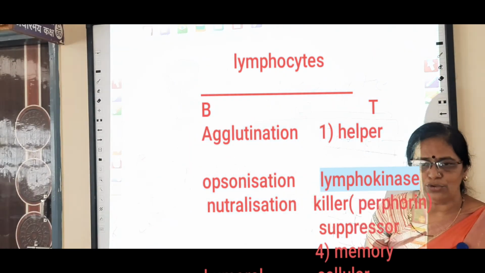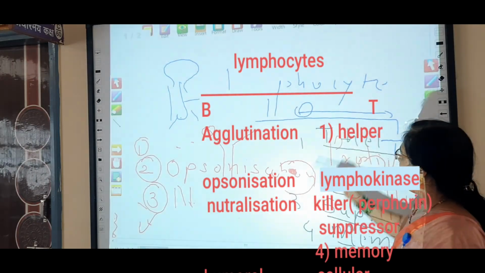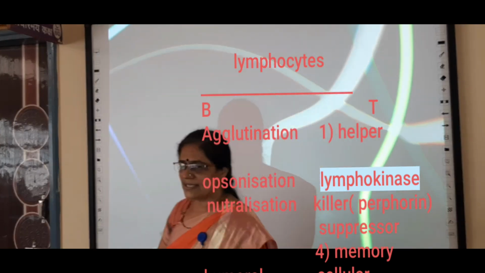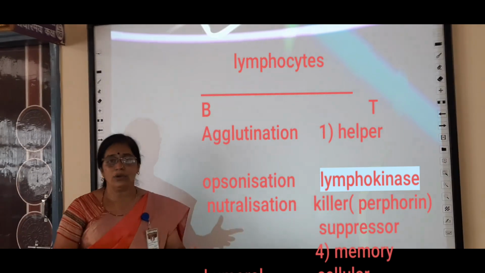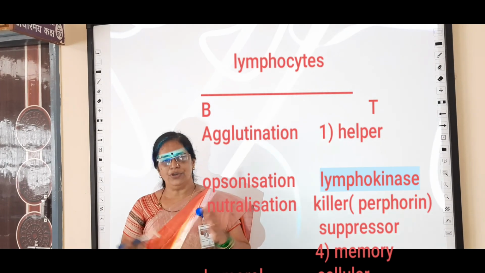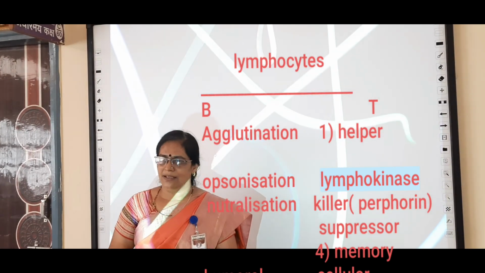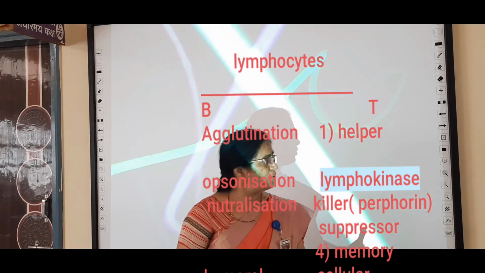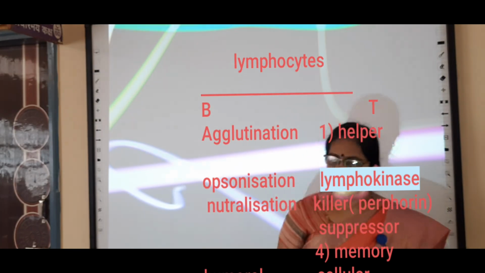That's why it is called the humoral immune system. And the T lymphocyte produces the cells, that's why it is called the cellular immune system. So we have seen the different types of antibodies and cells produced in the immune system.